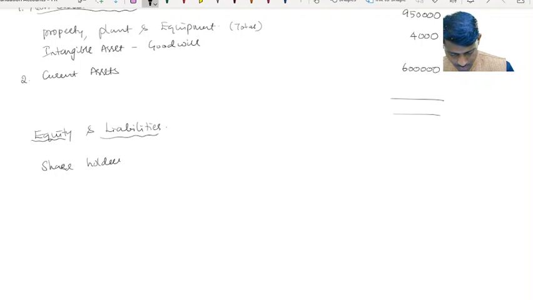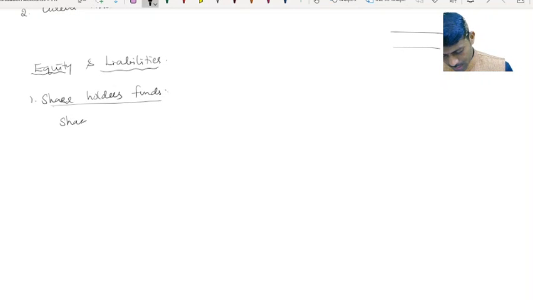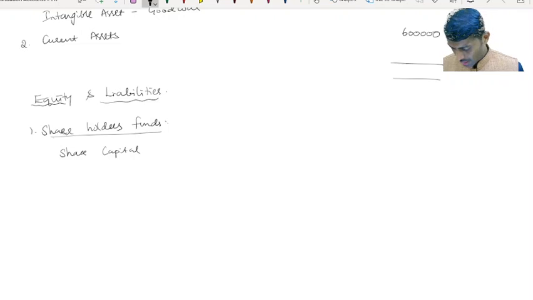Since I have already shown in the first problem how to present that note in exam, in main problems you have to present that opening, changes and closing. Here it is not required, so directly I will write only holding company's capital, 8 lakh.